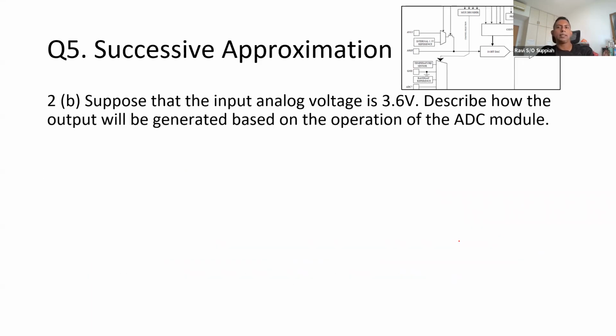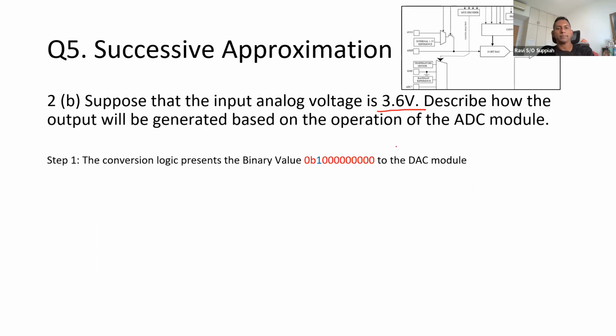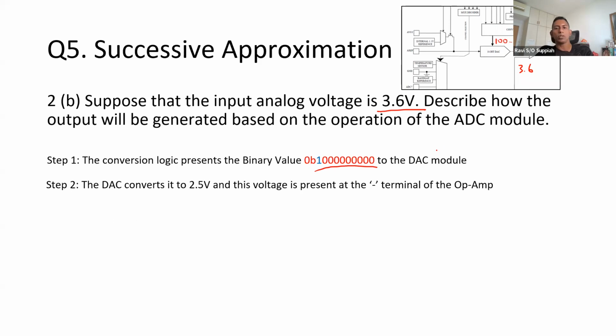So let's just see this step by step. It's easier to work with real values. Let's assume that the input signal that I want to sample is 3.6 volts. When the 3.6 volts comes here, the very first time I will generate 1000 as the conversion logic output, and that will translate to 2.5 volts here.